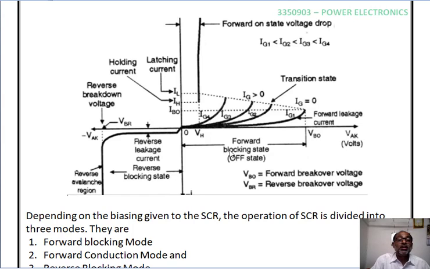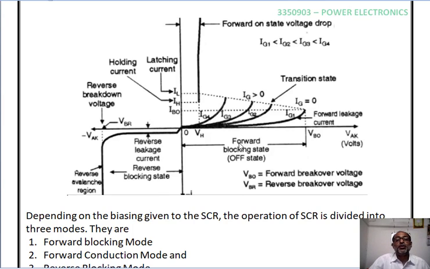Next, forward conducting mode. In this type of mode, the SCR comes into the conducting mode from the blocking mode. For that, a positive gate pulse is applied to this SCR, or another way, sufficient voltage is applied to the anode and cathode terminal to turn it on.